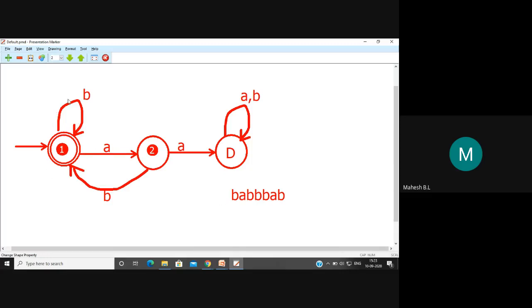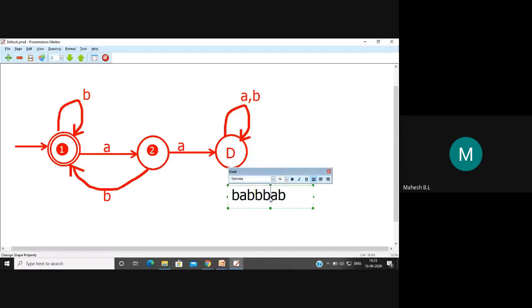First B is accepted by the self loop, then A, then B, then two more B's accepted by the self loop, then A, then B. After reading the entire string, your DFSM is in state 1, which is the accepting state. That's why this belongs to the language.